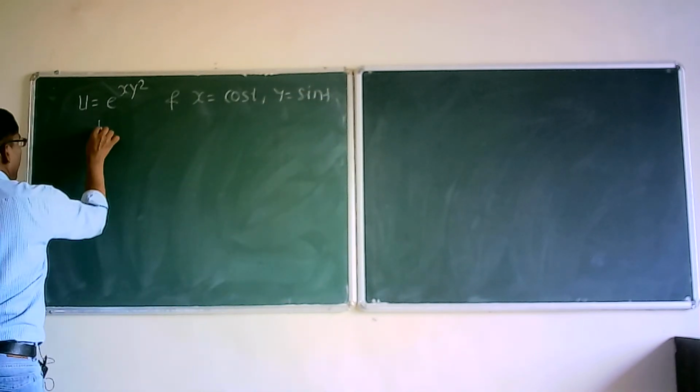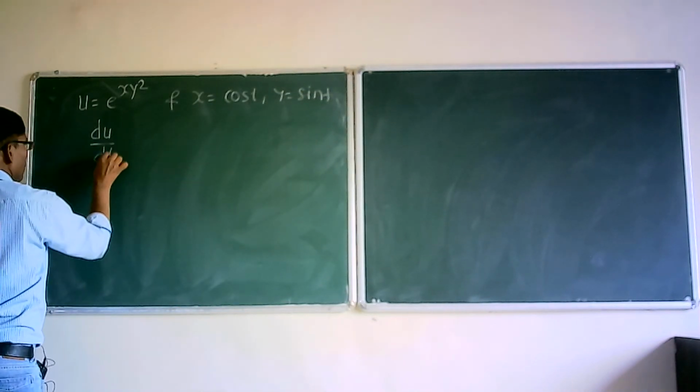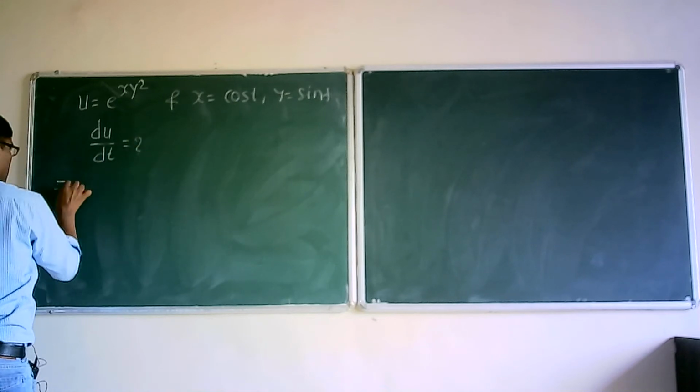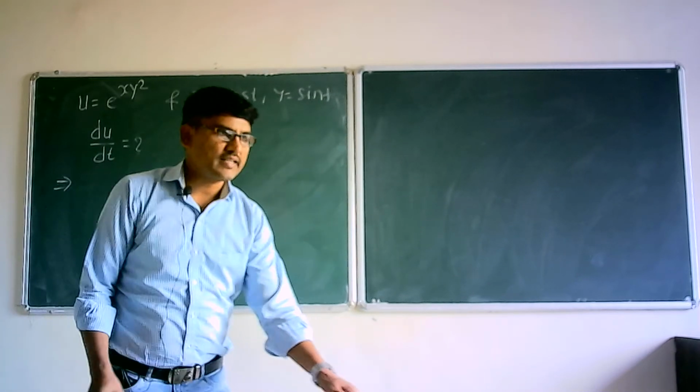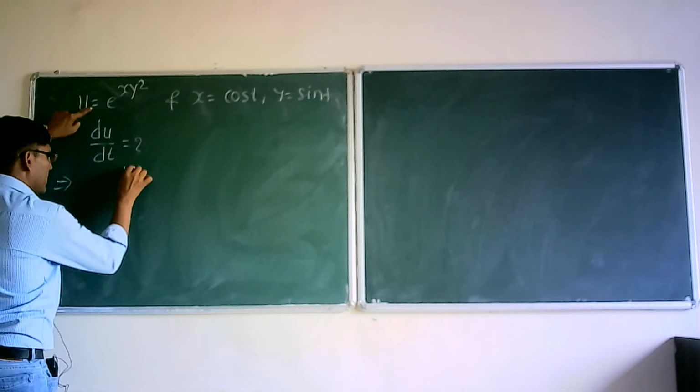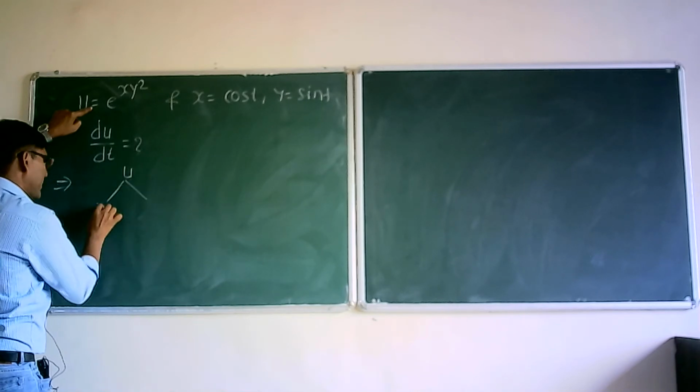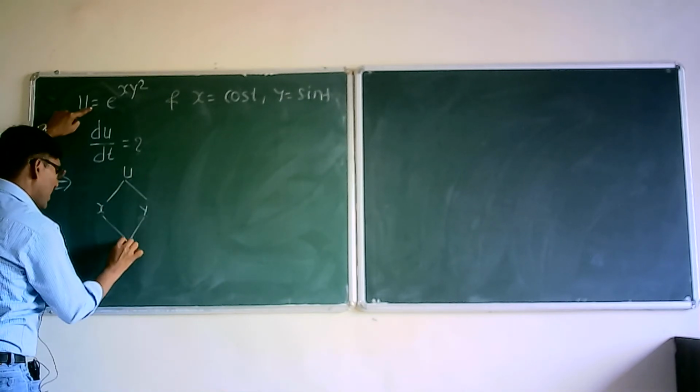Find du by dt. What is du by dt? So here you can observe that u is a function of x and y, and x and y are functions of t.